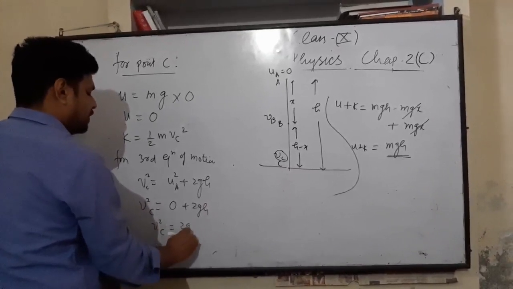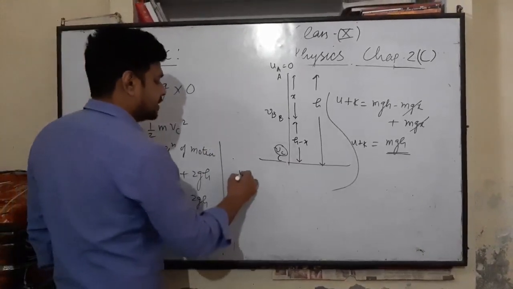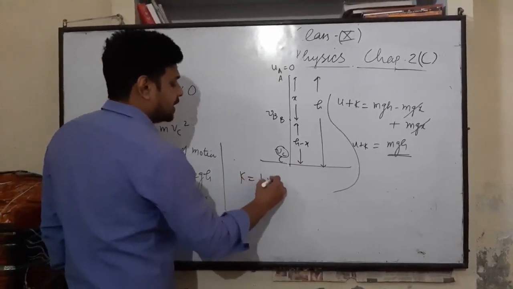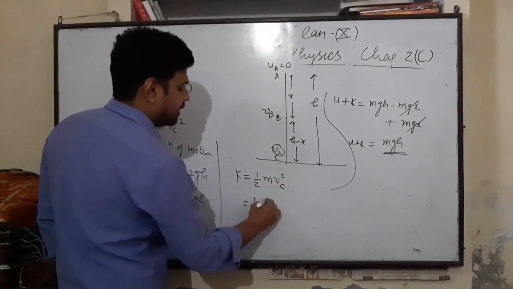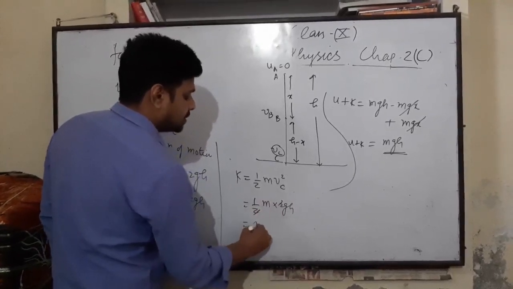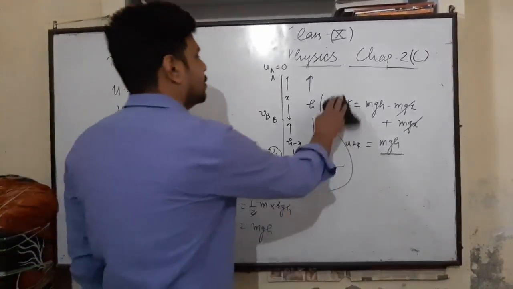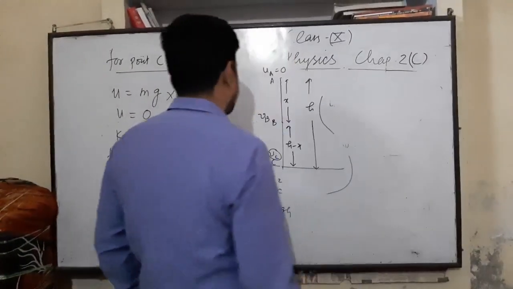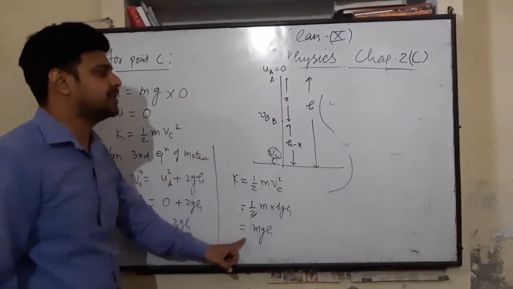Now we can calculate the kinetic energy at point C. It is half m into 2gh, which is mgh. So the potential energy at point C is 0 and the kinetic energy at point C is mgh.